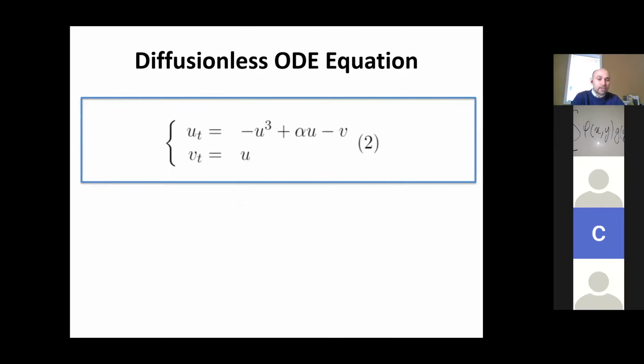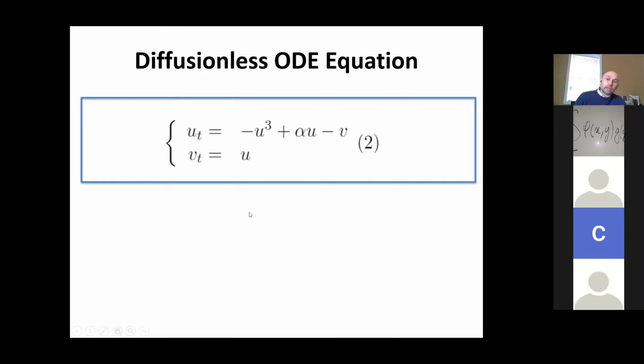Okay, but this is only for alpha less than 0. If you did the computation, alpha negative is a key point for the proof. When you did your computation, you find minus alpha u squared, or plus alpha u squared, but it works since alpha is negative.